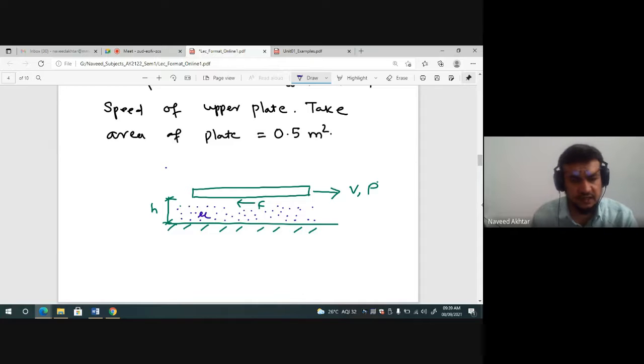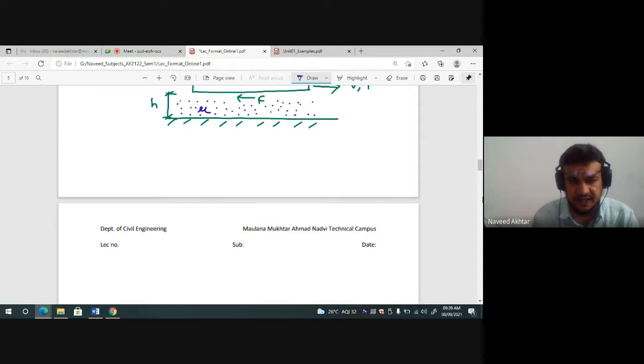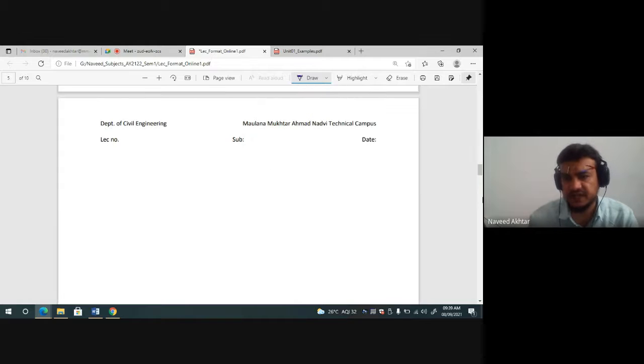So what is the data given? I'll write it in the solution, page number 4. H is given, that is 0.6 mm. If I convert in meter, because all the quantities we will write in meter, 0.6 into 10 raised to minus 3 meter.